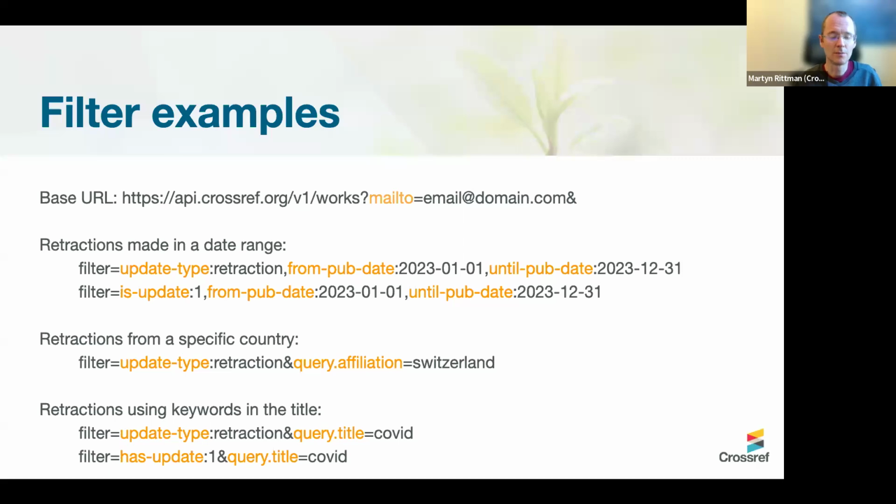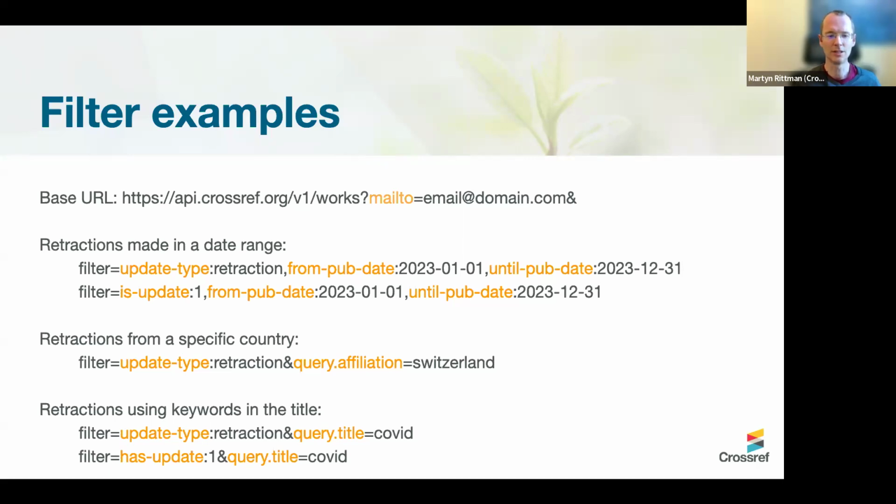And then the final example is using keywords in the title. We have update type is retraction, and then query.title is COVID. So this will get you anything where COVID is mentioned in the title of the retraction notice. The final example here is has update, and the query.title is COVID.